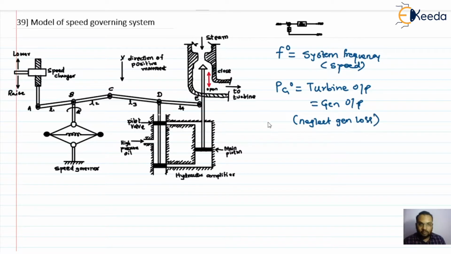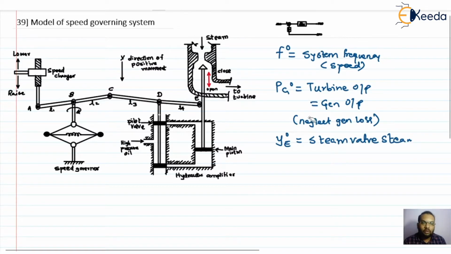Next, we have considered that the steam valve setting is opened by some definite value. So definitely this point E on the linkage mechanism will be at some fixed position. Let us characterize that position as well: YE naught is the steam valve setting.